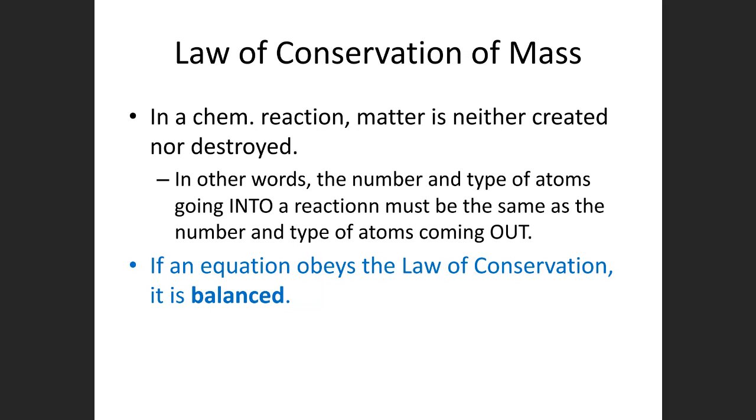In other words, the number and type of atoms going into a reaction must be the same as the number and type of atoms coming out. So that means we are going to look at the left and right sides. If an equation obeys the law of conservation, then it is balanced. So now you can ask, do all chemical reactions follow this rule?